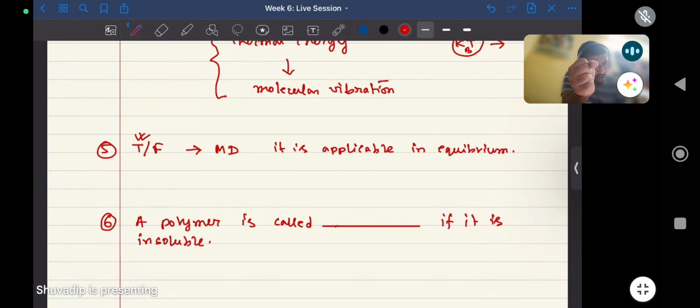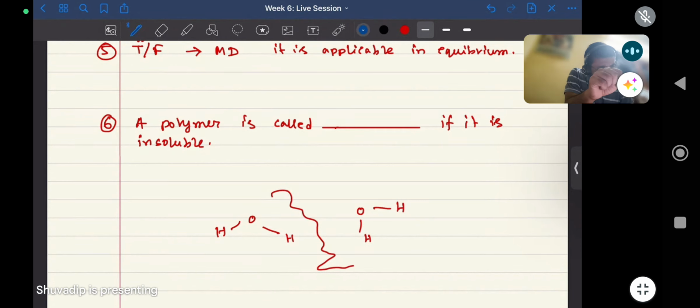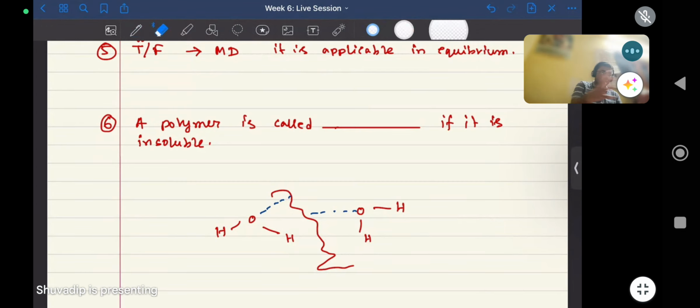Now if something is soluble in water, suppose water molecules are there and you put some polymer chain inside water, and if it is forming hydrogen bonding with the water molecules, then it is easily soluble, and in that case we call it hydrophilic. Philic means it is loving the association with the water.